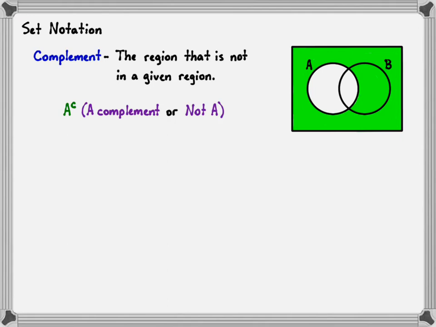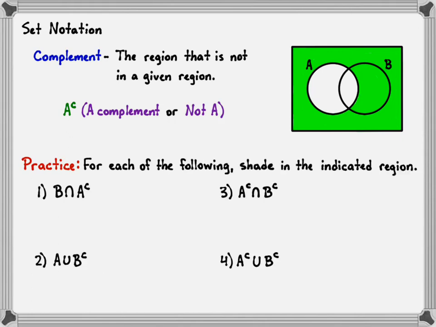But if I'm looking for the region that is not A, I'm looking for everything in my Venn diagram that is not in the circle A. So we need to make sure that we are not including anything inside of the circle A. All right, here's some practice for you. I've got 4 different problems here, and what I want you to do is draw a Venn diagram just like this, okay?